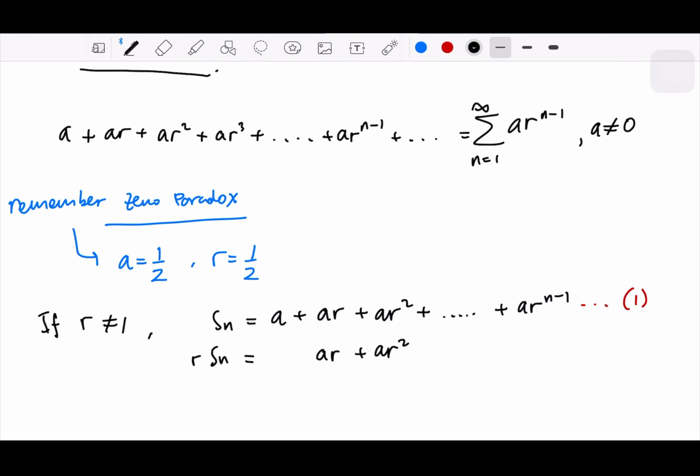And the last terms will be plus AR^(n-1) and then plus AR^n, because we multiply with R. And then we subtract this to cancel the middle part. So we cancel all the middle part.